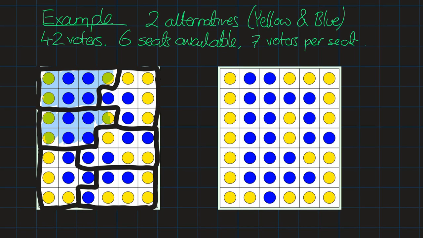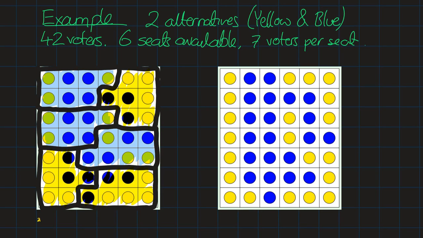The one underneath that, yellow has 4, blue has 3, so yellow wins. At the top right, yellow has 4, blue has 3, so yellow wins. The one underneath, yellow has 3 and blue has 4, so blue wins. And the bottom one, blue has 3 and yellow has 4, so yellow wins.